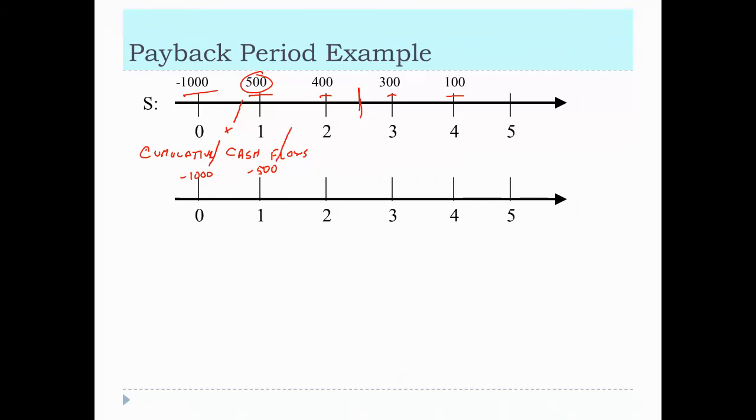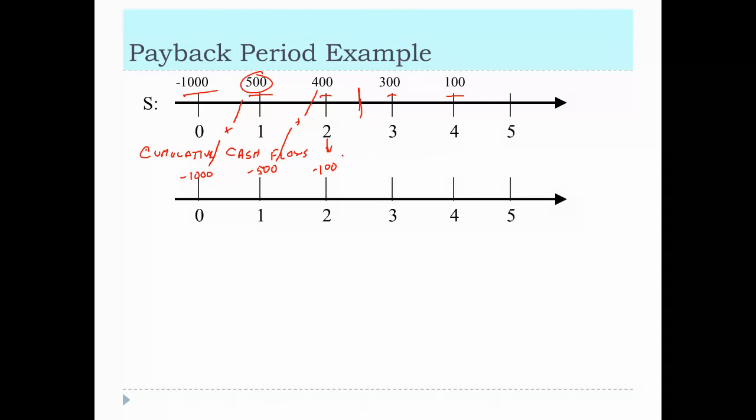Take that value, add to it the next year's incoming cash flow, and put the result here. Negative 500 plus 400 is negative 100. Still a negative number. It still means that we have not yet recovered our investment. So keep going until you reach a positive number here.